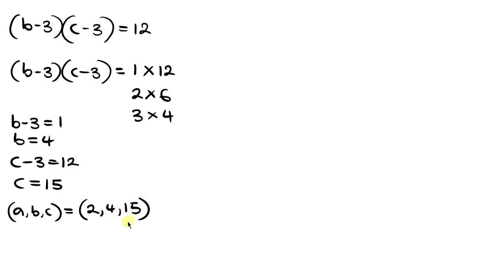Now let's go again. For the other factor, we have B minus 3 to be equal to the smaller factor, which is 2, and C minus 3 to be equal to the bigger factor, which is 6. So solving this, I'll be having B to be equal to, when I move negative 3 to the right, becomes plus 3.